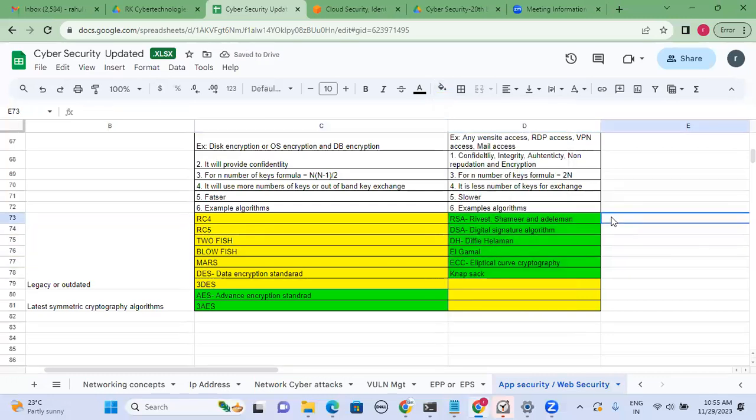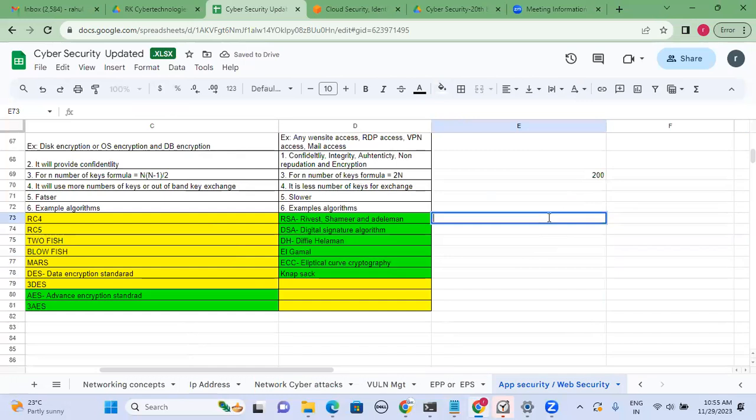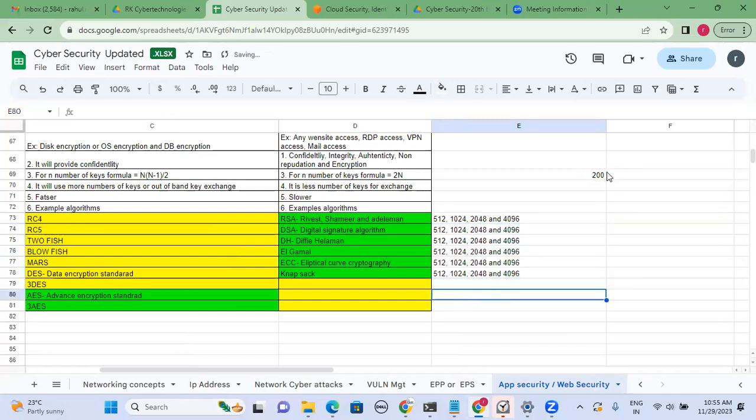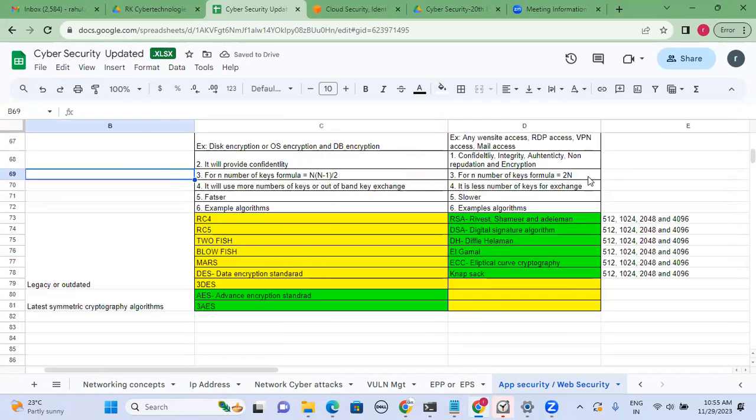Coming back to RSA, it has bit sizes of 512, 1024, 2048, and 4096. The latest bit size of RSA is 4096. In a similar way, all the algorithms have their bit numbers as well. Even in certificates we can use combinations.